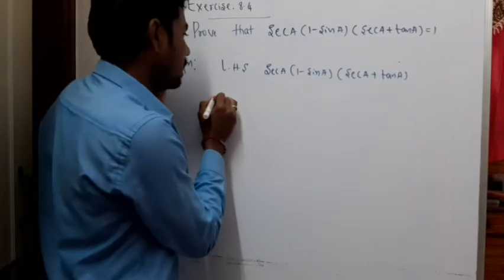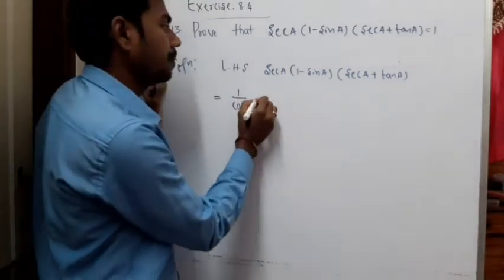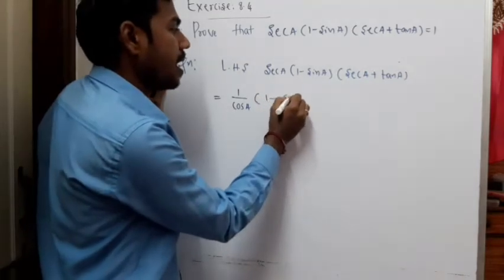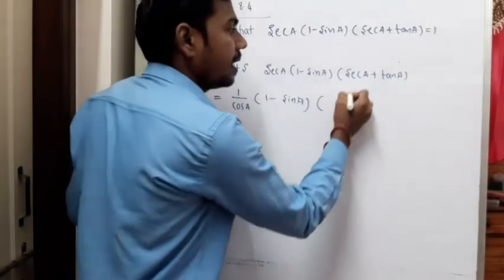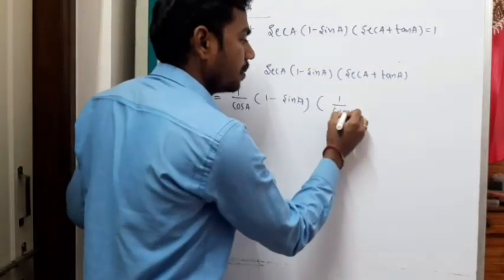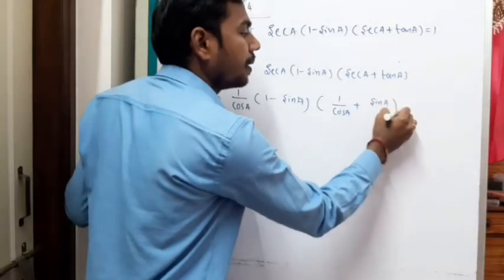Secant A can be written as 1 by cos A into 1 minus sin A as it is. Now secant A can be written as 1 by cos A plus tan A can be written as sin A by cos A.